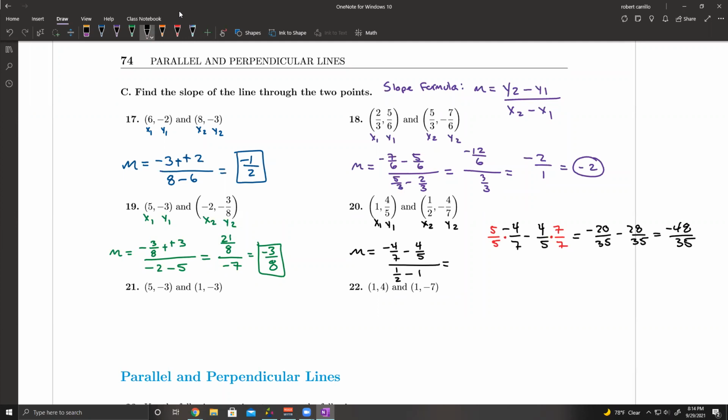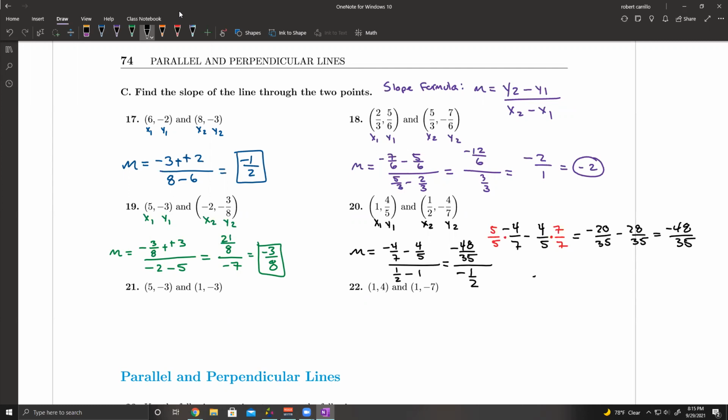So that's in the numerator. Negative 48 over 35 over 1/2 minus 1. We don't need any fraction work for this. What's 50 cents minus $1? Negative 50 cents, right? All right.